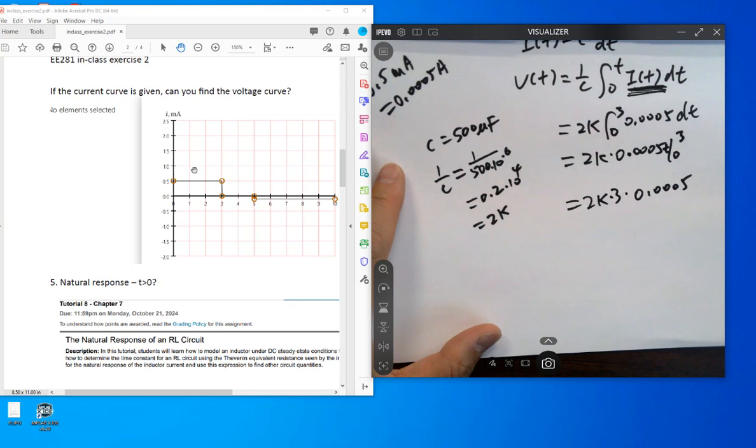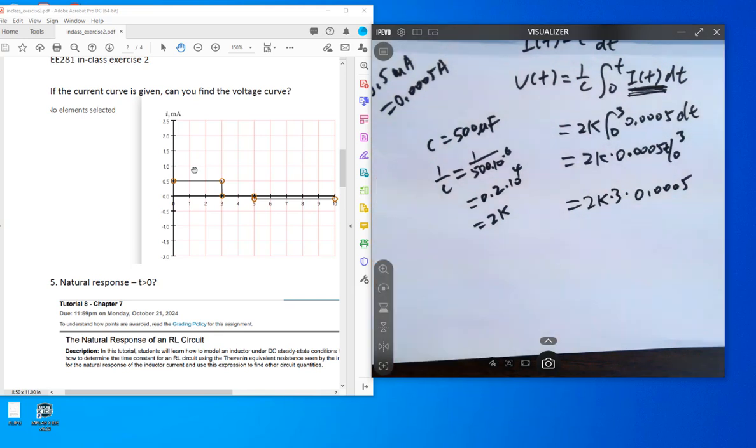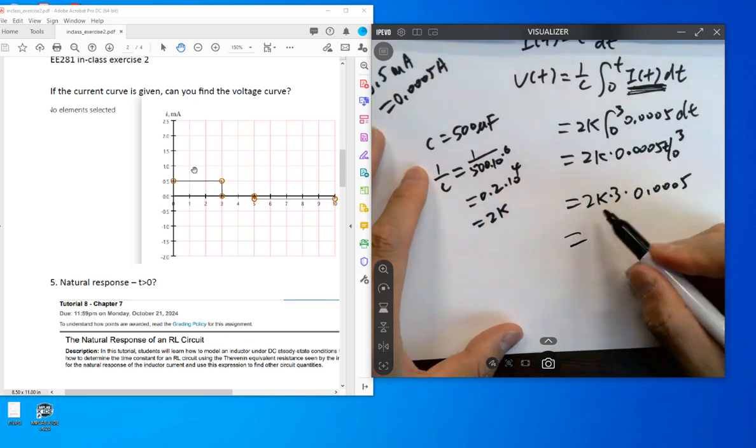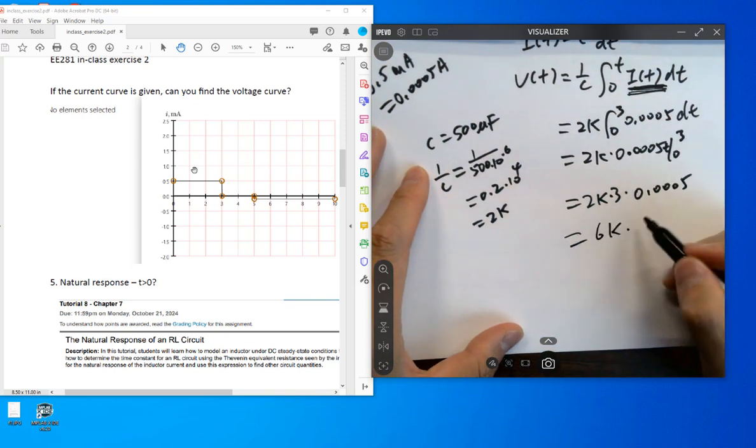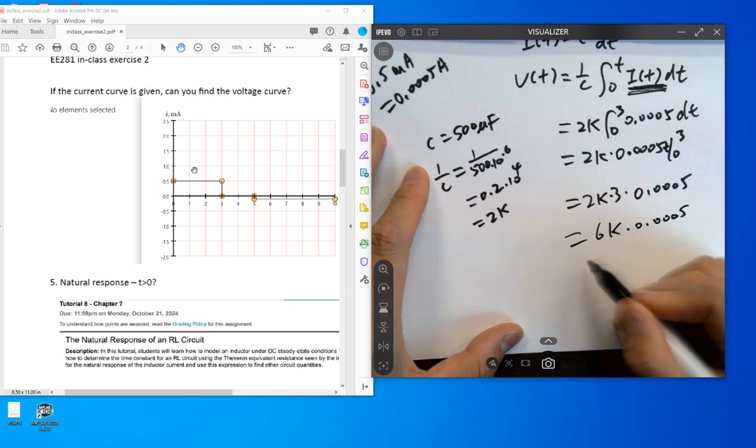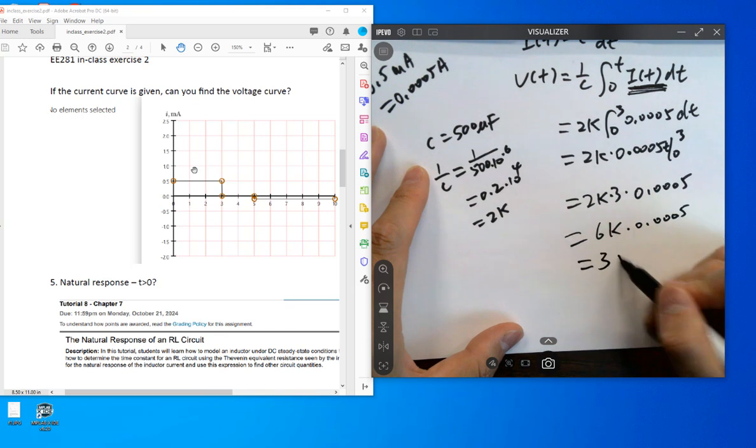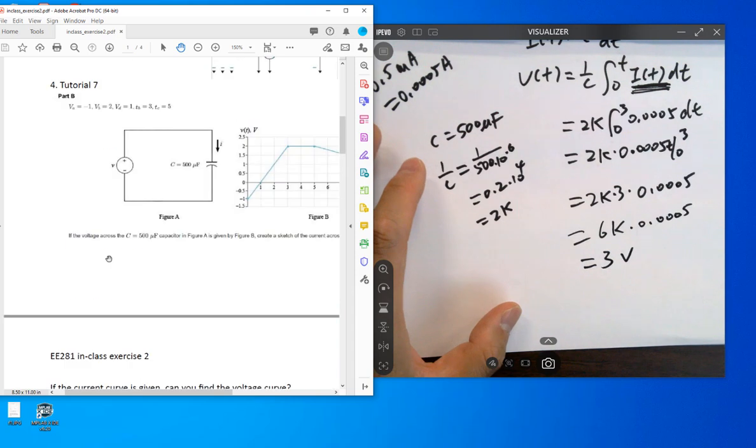It's a change in voltage. The change of the voltage, yes. What's the initial voltage? It's 0. So what's the final voltage? 3. Okay, it's 3 volts, right? 3 volts.